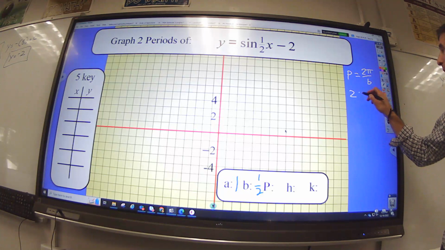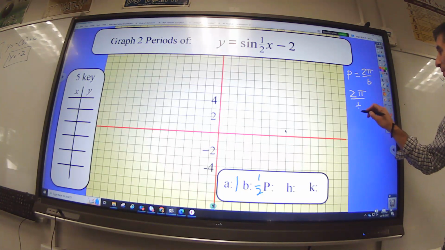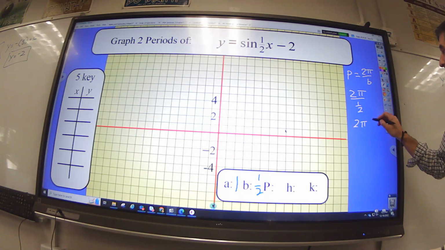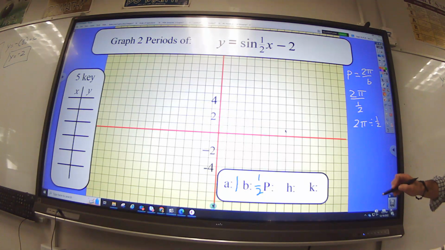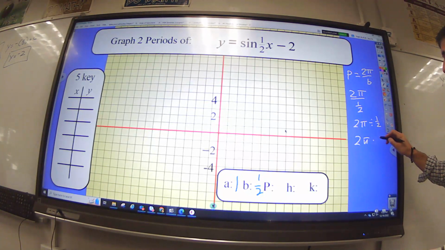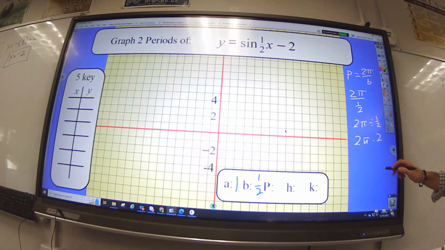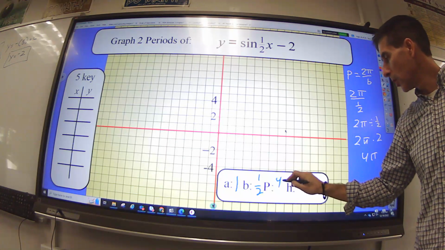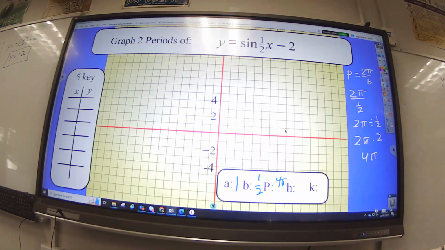Or 2 pi over 1/2, or 2 pi divided by 1/2. Or, you don't need me to do all this. 2 pi times what? What's the reciprocal of 1/2? 2. What's 2 pi times 2? 4 pi. So my period is 4 pi.